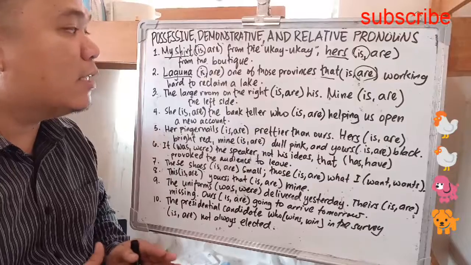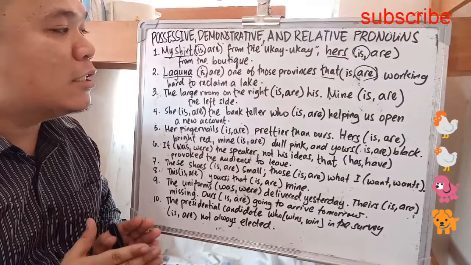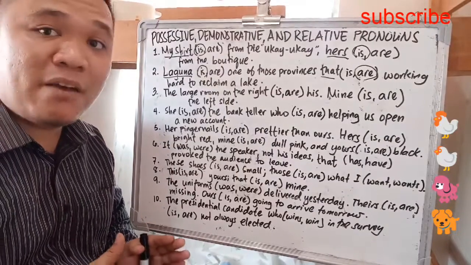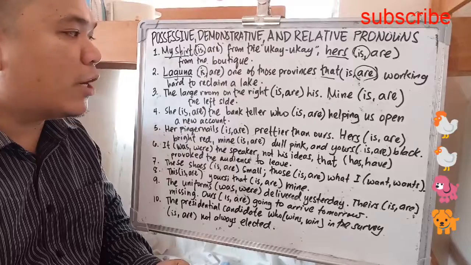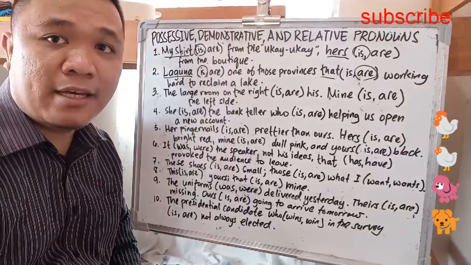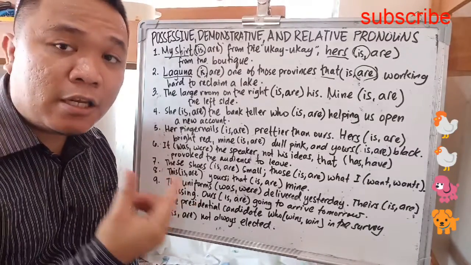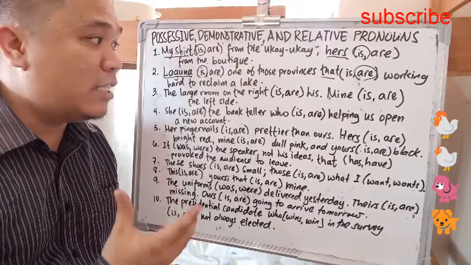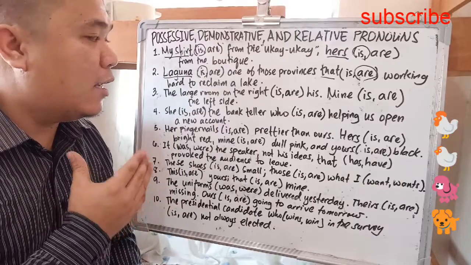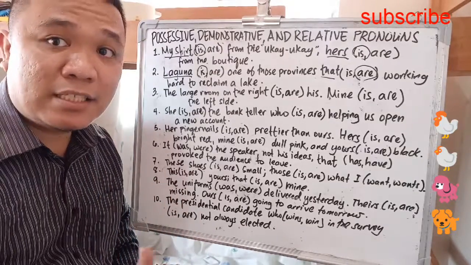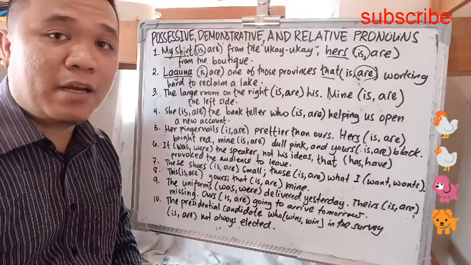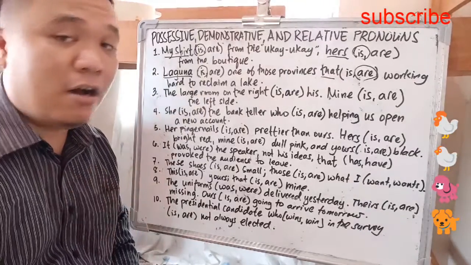But if you're referring to Laguna as the only one of those provinces that is working hard to reclaim the lake, then there would be an only, and it refers to Laguna. But since there's no only, Laguna is one of those provinces that are working hard to reclaim a lake. So that should be are.